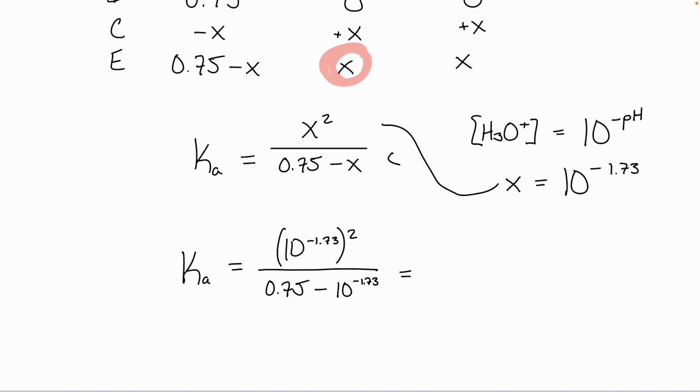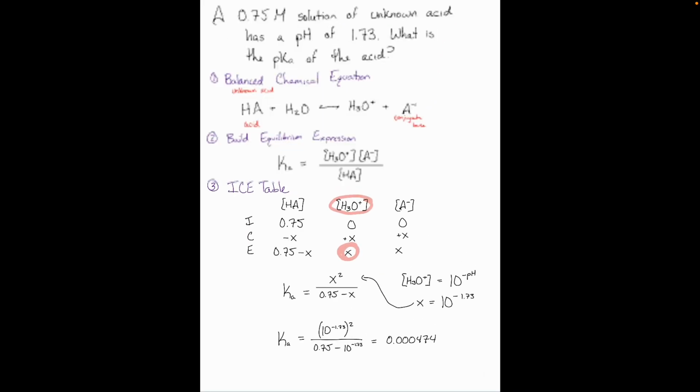According to my ice table, my concentration of hydronium is just my X. So I can plug that into this equation and solve for my Ka. All right, and then I'm done.